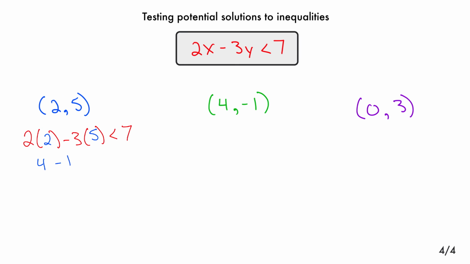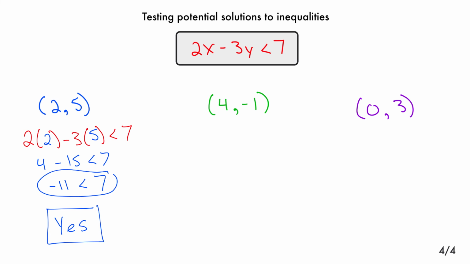Negative 3 times 5 is negative 15. 4 minus 15 is negative 11. I ask myself, is negative 11 smaller than 7? Yes. It is important that you say yes. That's your answer. This is how you get to your answer. It is not your answer. You need to tell me yes or no. Because negative 11 is in fact smaller than 7.